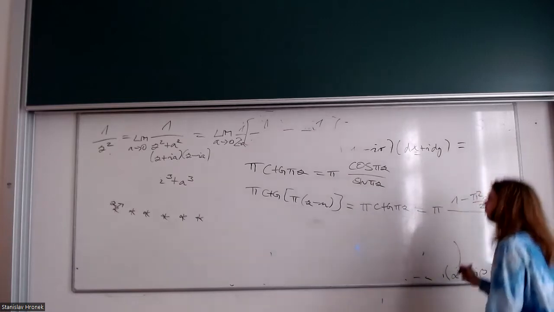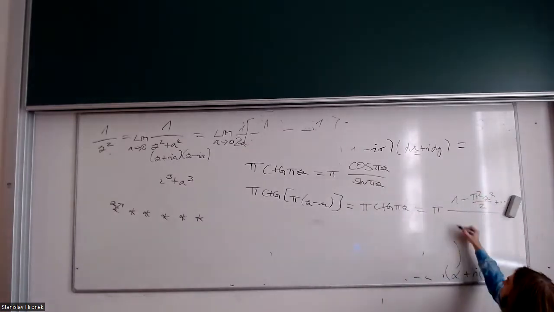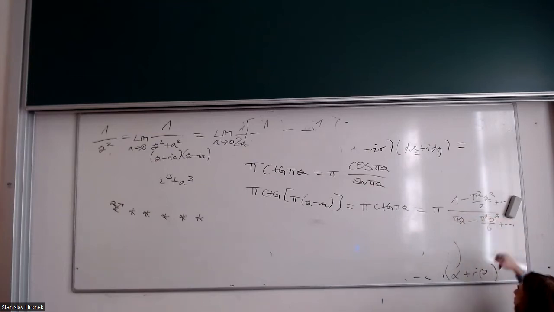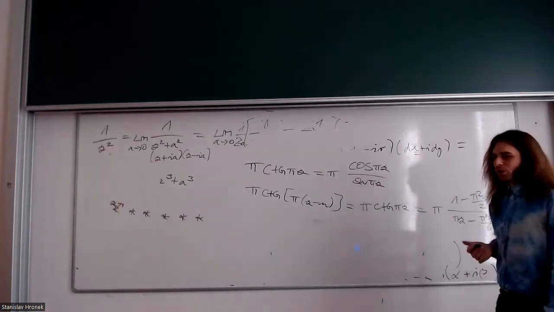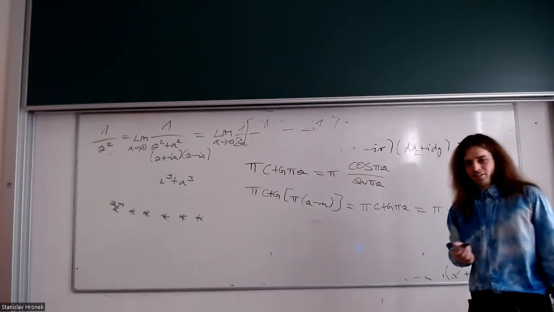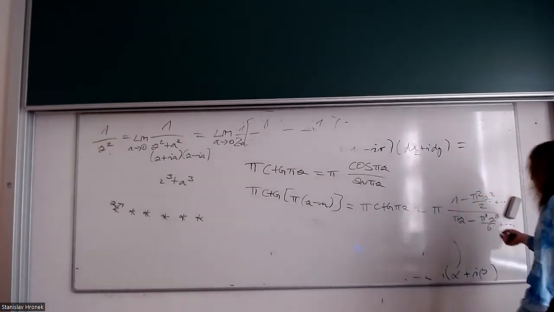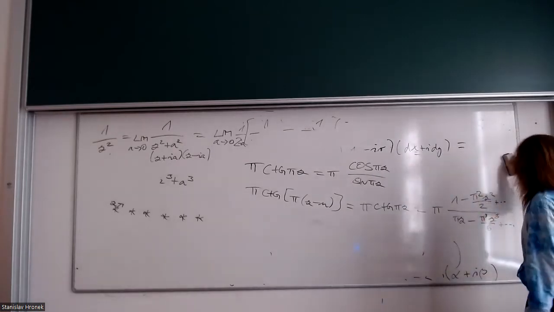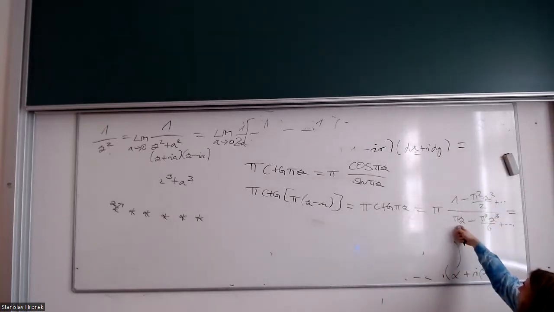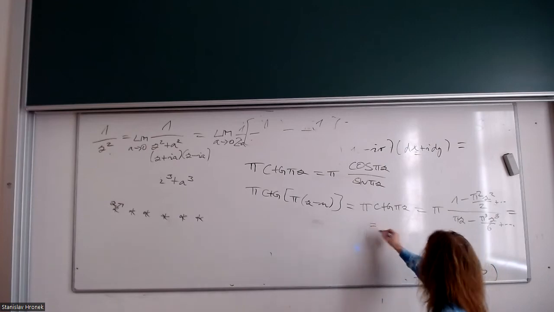But this is not really important, and the sine will give us pi z minus pi to the third z to the third over 6, and so on. But if we want to calculate the residue, we are interested only in the 1 over z term. So nothing else is really interesting, and we can pull out the factor of pi z to get 1 over z.